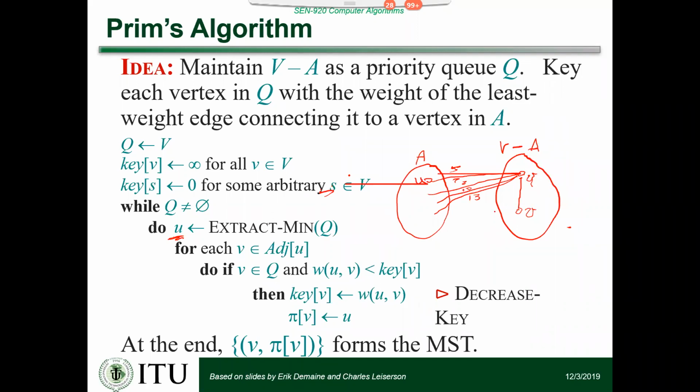So for this neighbor V, after we pull U from V minus A to A, this edge will become a new cross edge.